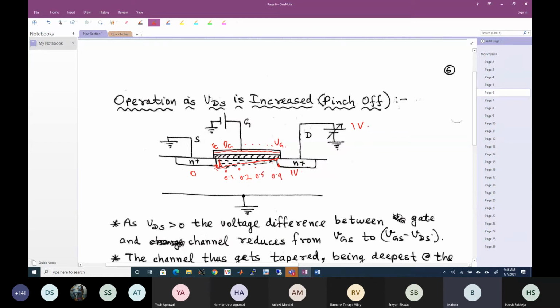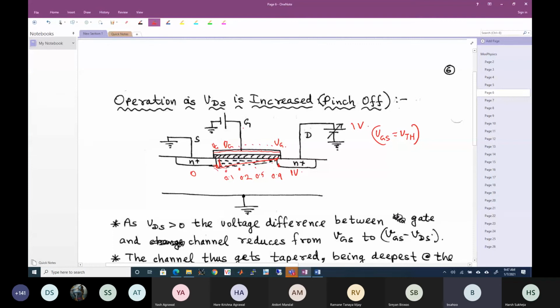Now the amount of charge below the gate, that is the inversion that has been created, is a function of the gate voltage minus the voltage at each location. And we know that when the gate-to-channel voltage equals the threshold voltage, there is no channel charge.